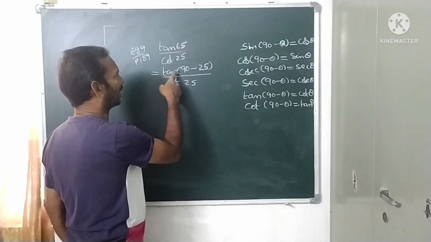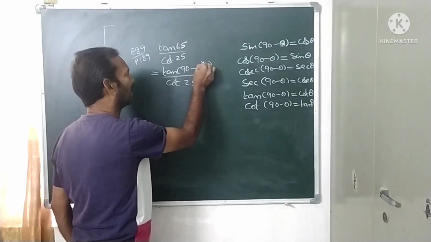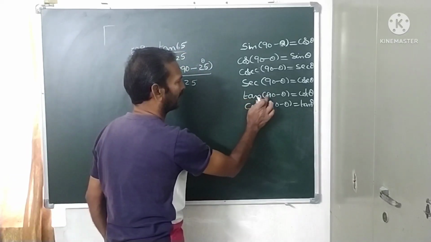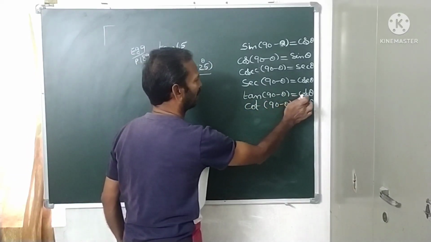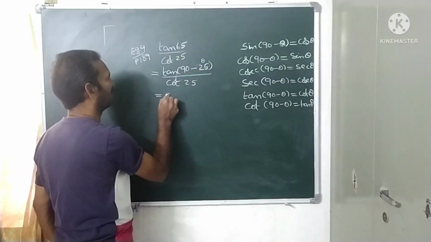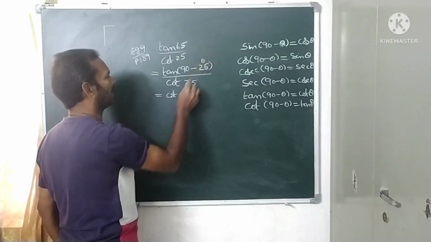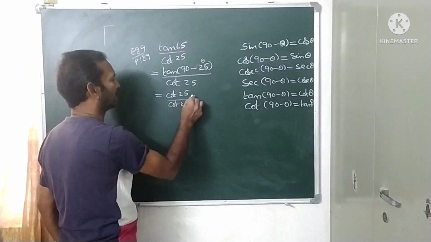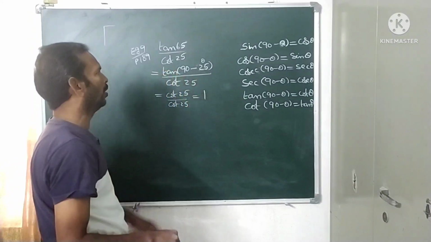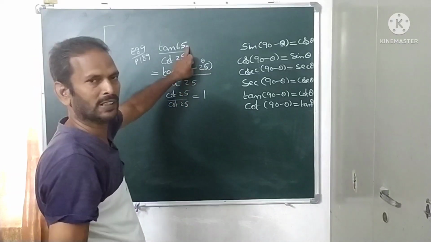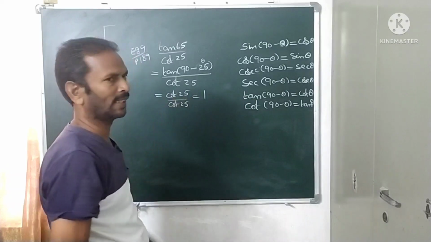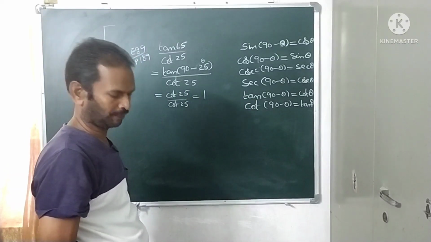Now see, tan of 90 minus theta is equal to what? Cot theta. So cot theta here is cot 25. Cot 25 by cot 25 is equal to 1. So without knowing the values of tan 65 degrees and cot 25 degrees, by using this formula we can get the answer like this. Okay.